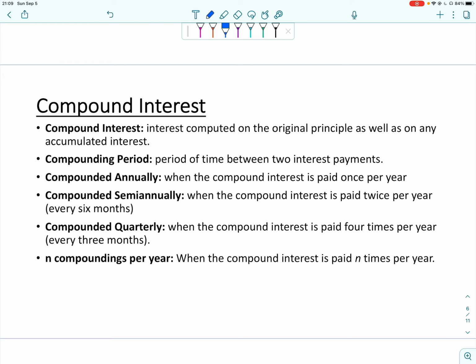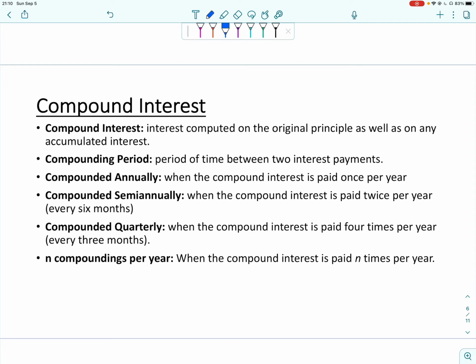Compound interest is interest computed on the original principal as well as on any accumulated interest. So it doesn't go back to just the original amount. It looks at what you originally deposited, but then it also looks at everything that you've accumulated in interest along the way. So it's constantly building upon itself.